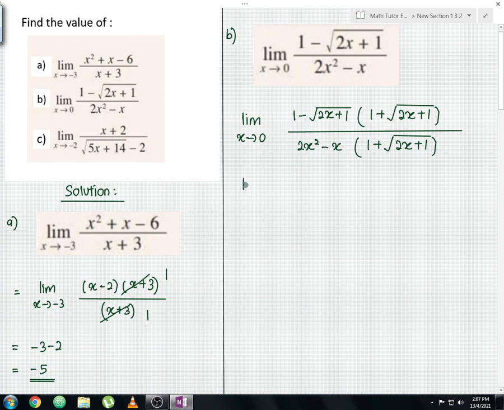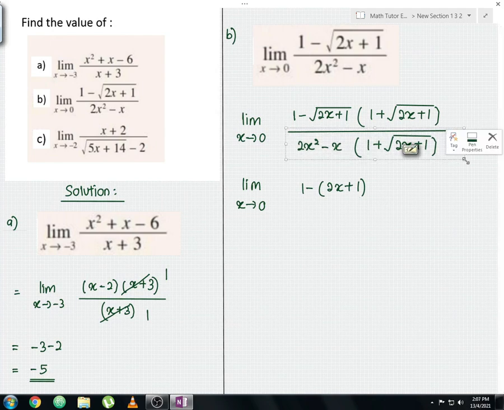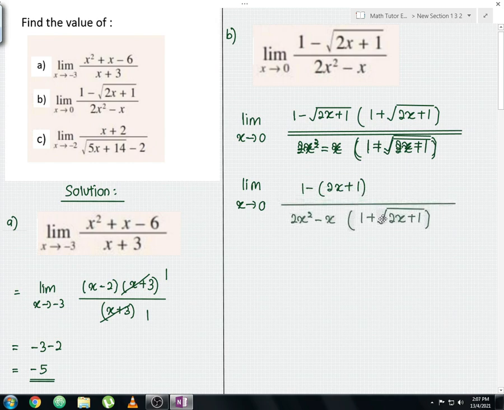So from here you should get limit x approaches 0. So you solve this, you should get 1 minus in a bracket 2x plus 1 close bracket, and then you divide with 2x square minus x in a bracket 1 plus square root 2x plus 1.